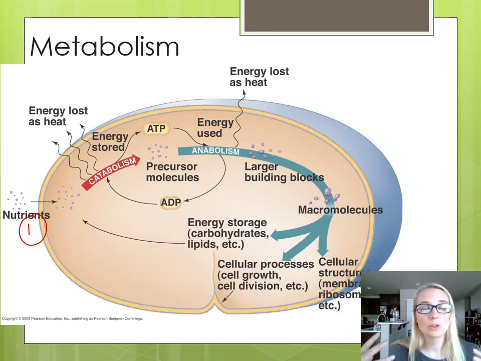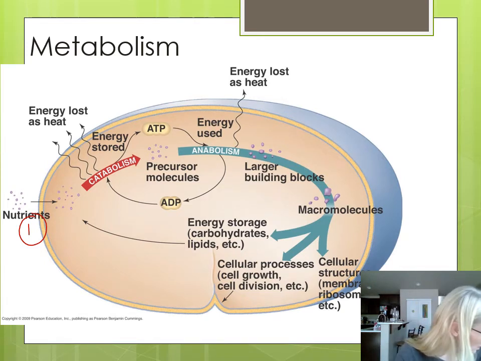Whether you are a bacteria, we'll just stick with bacteria, but all of these are true for eukaryotic cells as well, but it's micro, so let's talk about bacteria. Whether you are a bacteria that consumes nutrients from your environment, like diffusing them into your cell, or whether you are a photosynthetic organism that generates your own glucose, this is your nutrients, right? You're getting them from your environment or you're making them yourselves.